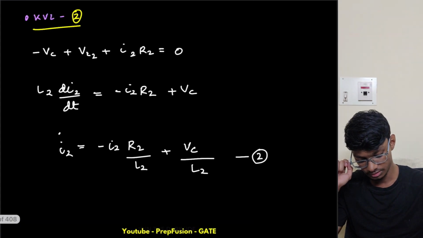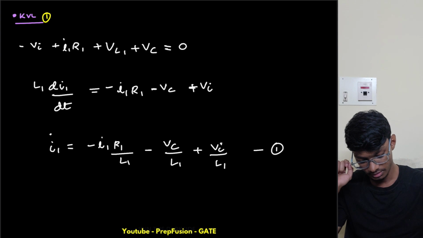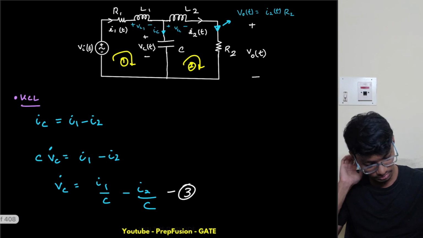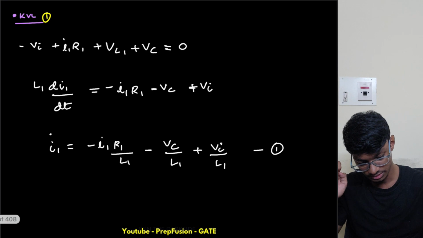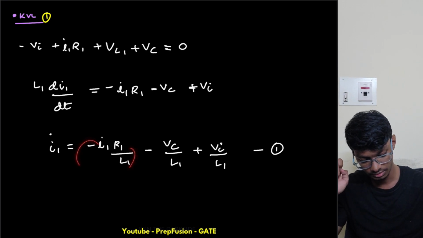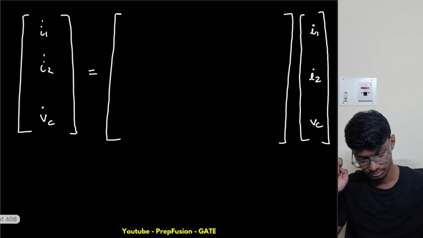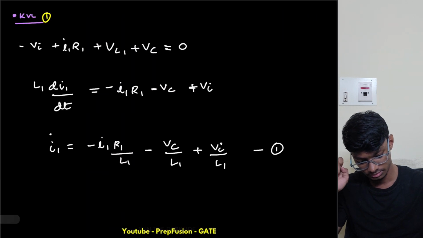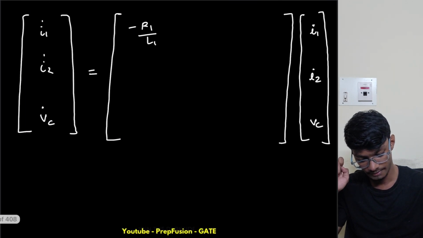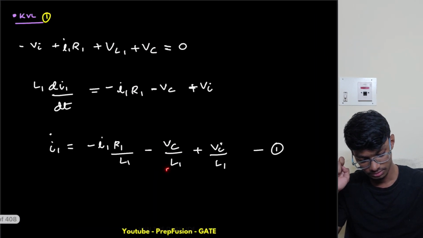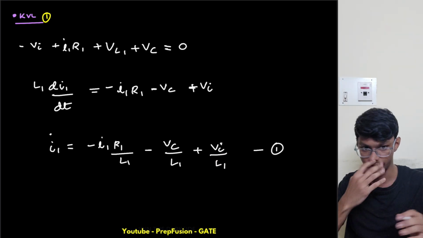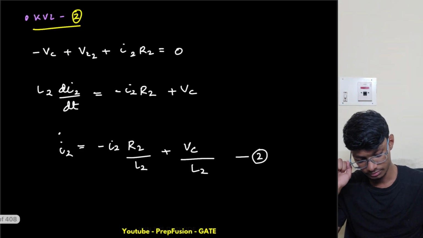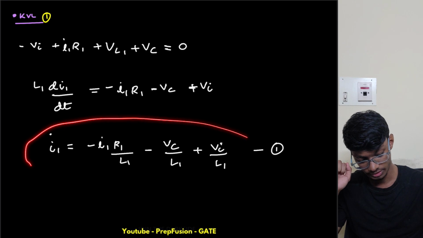So what will be my system matrix? For I1 dot, this is minus R1 by L1, and minus 1 by L1. Sorry, I made one mistake.